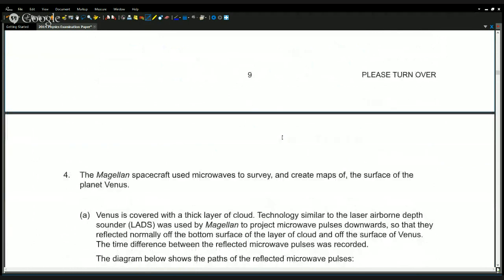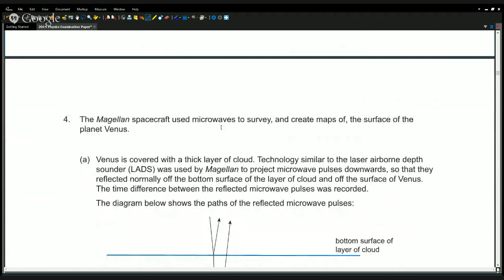The Magellan spacecraft used microwaves to survey and create maps of the surface of the planet Venus. I think I watched a documentary on some of the Venus probes. The Soviets sent a bunch of them, but they all burnt up very quickly.